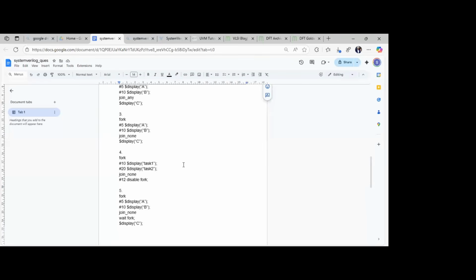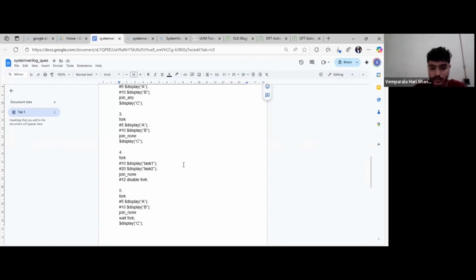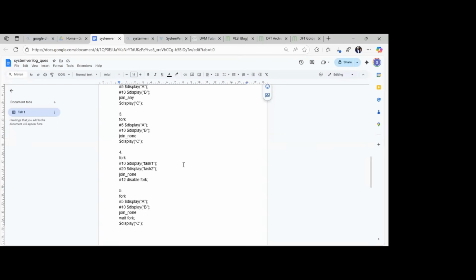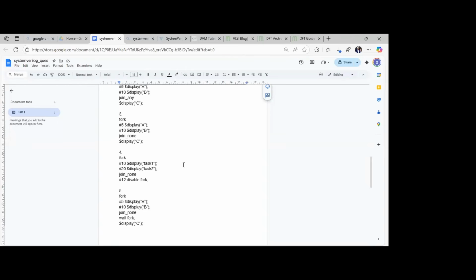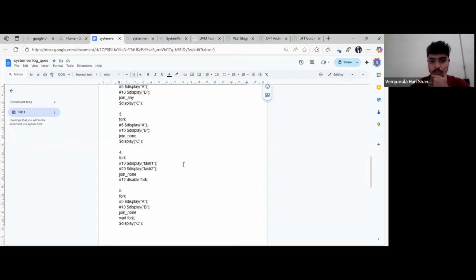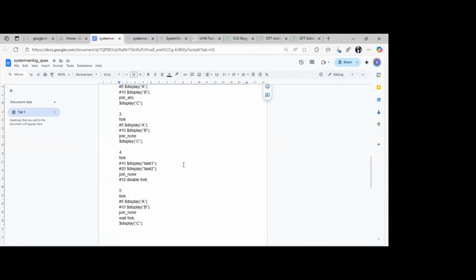So according to me, you can say briefly and in simple words that at 12 nanoseconds, disable fork will disable the fork. At 10 nanoseconds task 1 will be executed, and then disable fork at 12 nanoseconds will disable it. Fork will be disabled after 12 nanoseconds; till then, task 1 will be enabled. Yes, that would be a correct, short and crisp explanation.